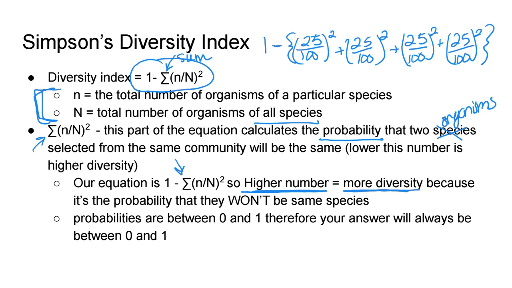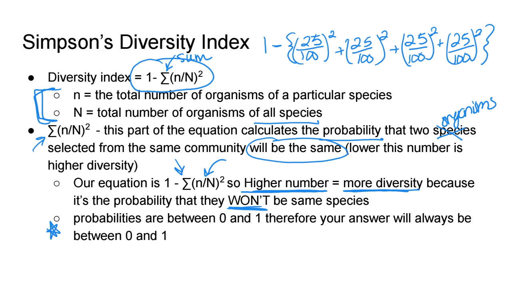Think about what you're subtracting here: I'm subtracting the probability that the 2 organisms I selected are the same species, which leaves me with the probability that they won't be the same. So the higher that number, the more diverse it is. Keep in mind too that probabilities are always between 0 and 1, so your answer for this should always be between 0 and 1.